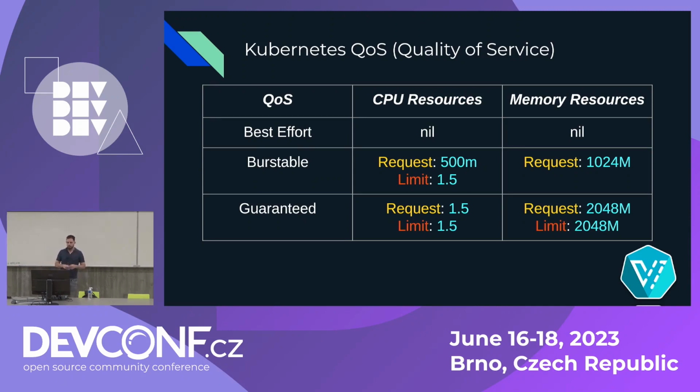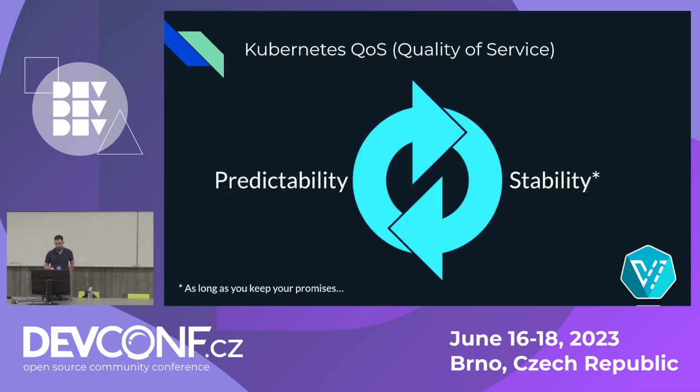So burstable is that you can specify only requests, only limits, or both but not equal. Every other case. And basically, the idea here is that there's a trade-off between predictability and stability. Kubernetes tells you, if you're going to be predictable with your resource usage, you're going to get more stability. And of course, you have to keep your promises. For example, if you limit yourself to a certain amount of memory and you cross that limit, the container is going to die.